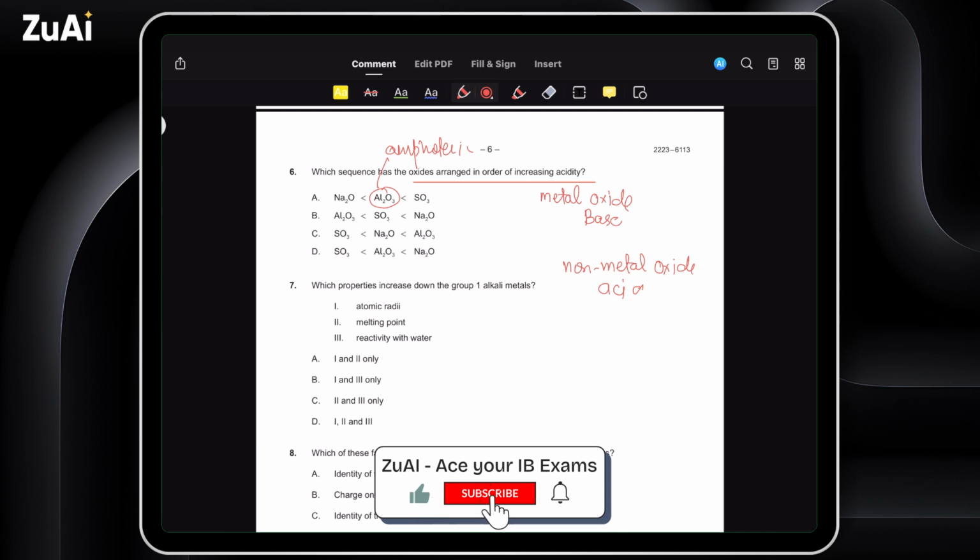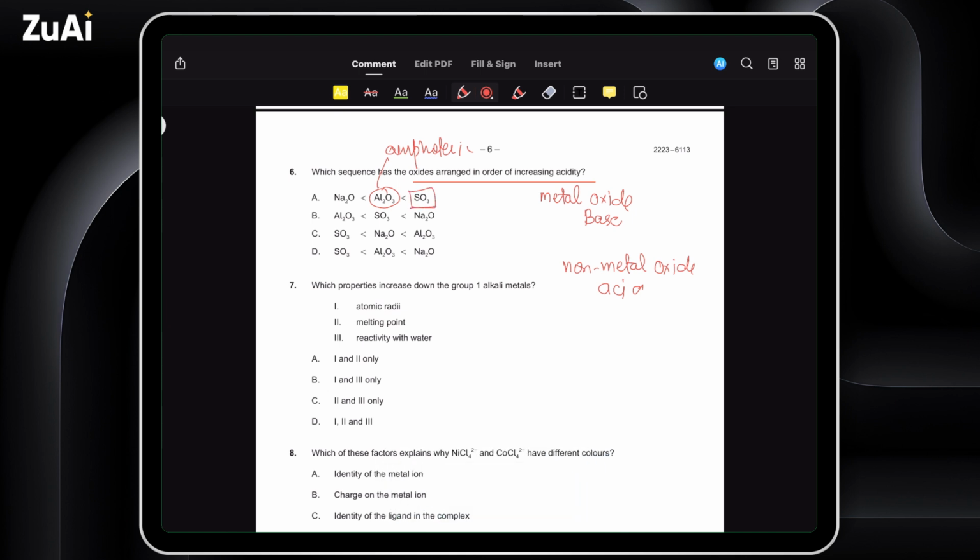So the oxides in increasing acidity: sulfur trioxide is acidic, which is more acidic than aluminium oxide, which is more acidic than sodium oxide.